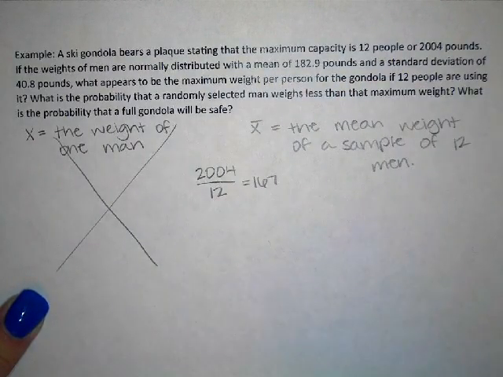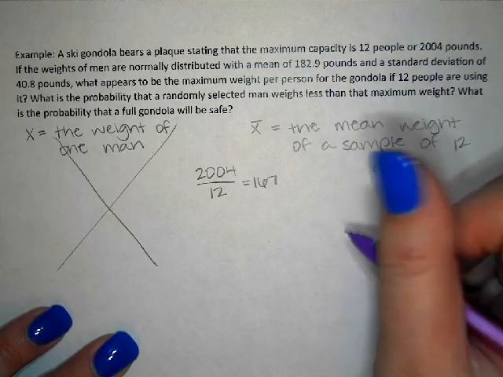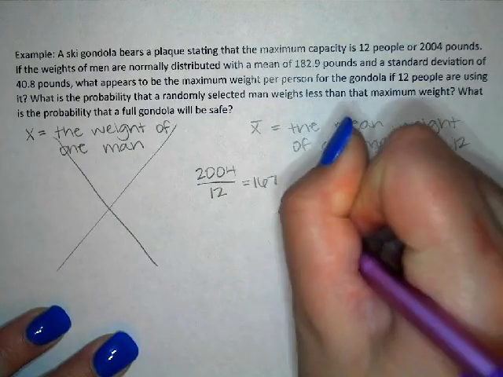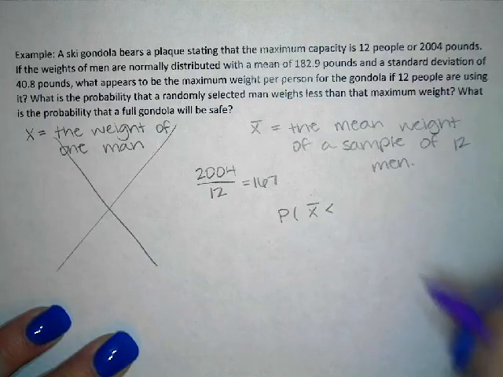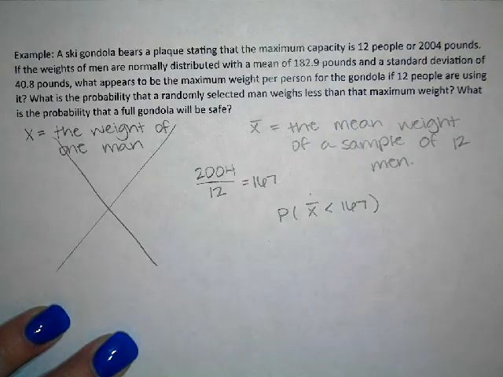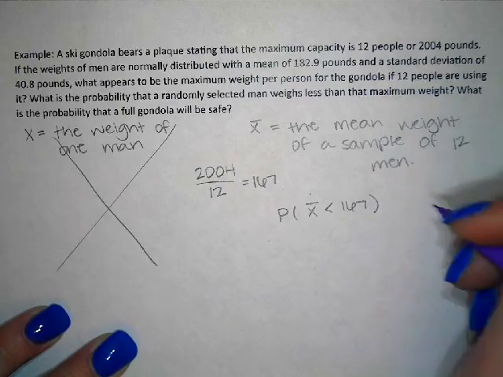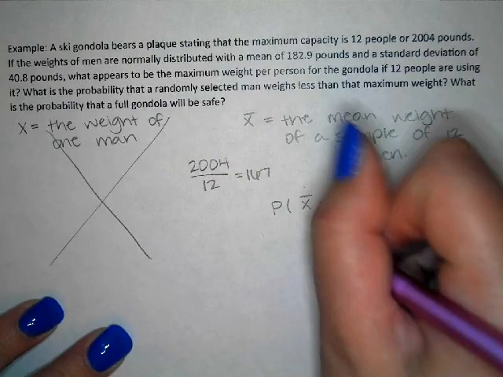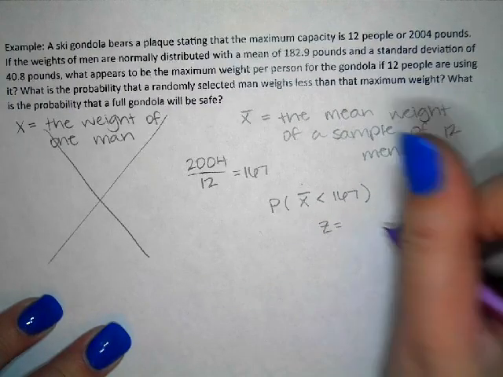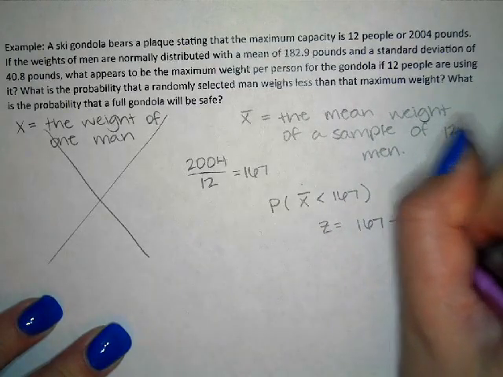So here we want the probability that the sample mean, a sample of 12 men, is less than 167 pounds. We want each of those 12 men to be less than 167 pounds on average for this to be safe. So we're going to convert this into a z-score so that we can use our standard normal distribution table. So I'm going to do x bar minus mu over the standard deviation divided by the square root of the sample size.